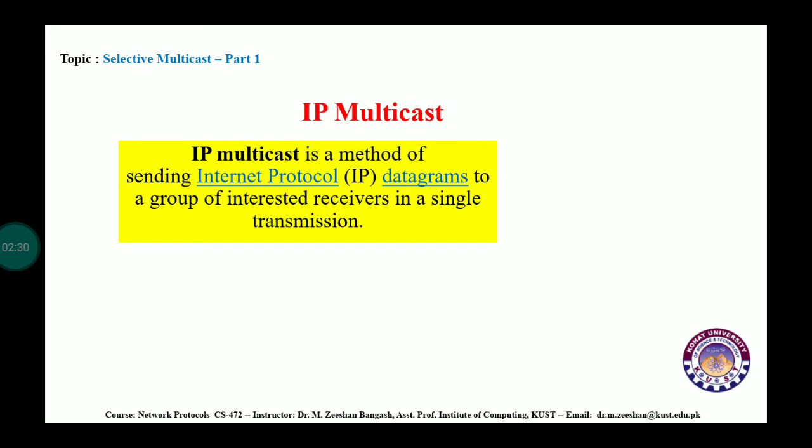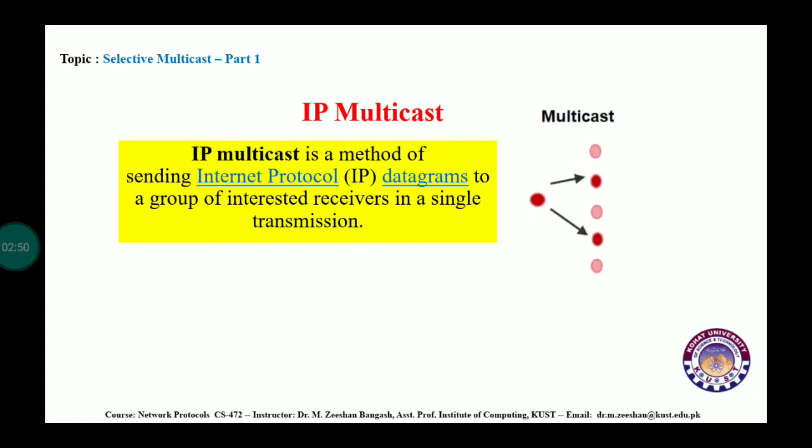So the sender only performs a single transmission to a designated group, and any member of that group simultaneously receives the transmission.